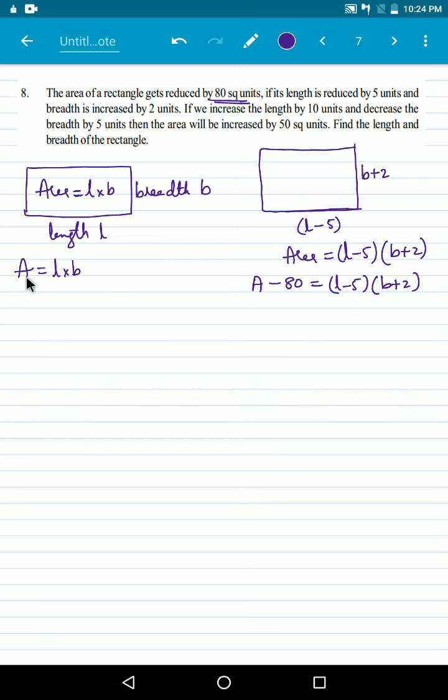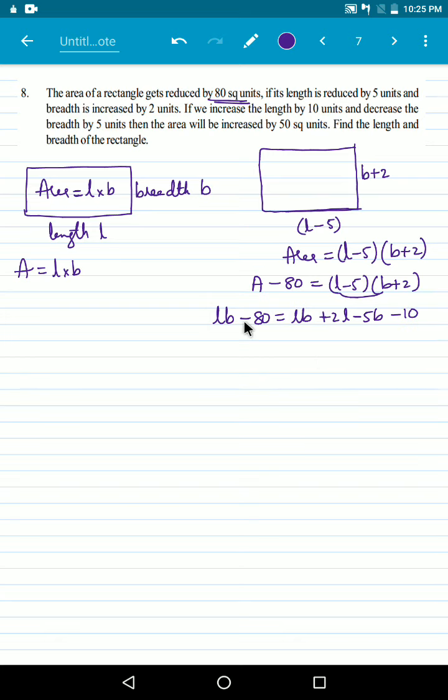Now what is the value of A? It is L into B. So let us substitute A is equal to L into B here. So this is L into B minus 80 is equal to, let us multiply this. L into B is LB, L into 2 is 2L, plus into plus is plus, 5 into B is 5B, minus into plus is minus, 5 into 2 is 10. Okay.